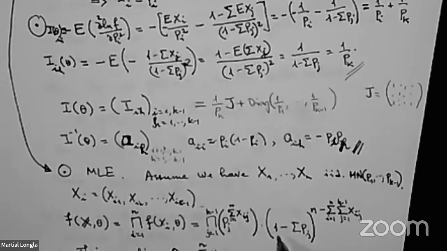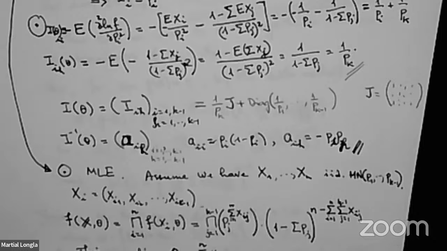And then the 1 minus sum of pj's was there by itself, raised to the power 1 minus the sum of xj. Now that power is multiplied n times, so that's 1 plus 1 plus 1, n times, which gives you this n. And the rest becomes the sum that was there originally, sum over i from 1 through n. Does that make sense? Yeah.